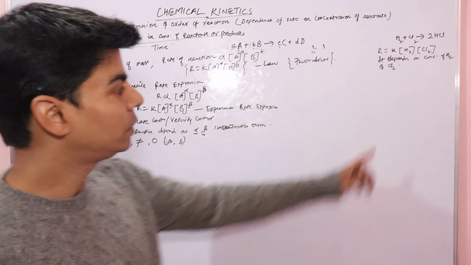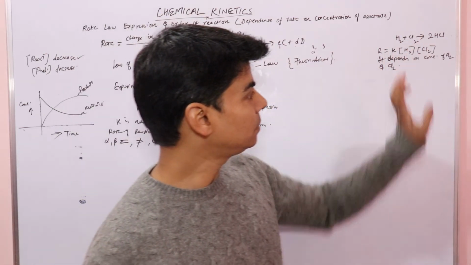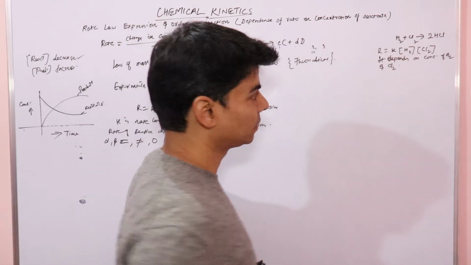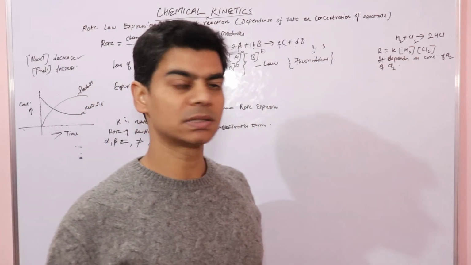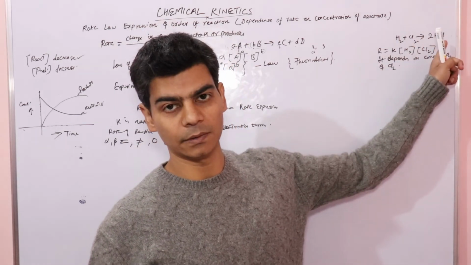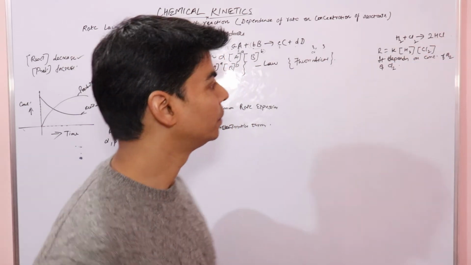Now we've taken this example, and this rate expression is based on the law of mass action, and expressions built using the law of mass action use your balanced chemical equation. So this rate expression is written based on the balanced chemical equation.